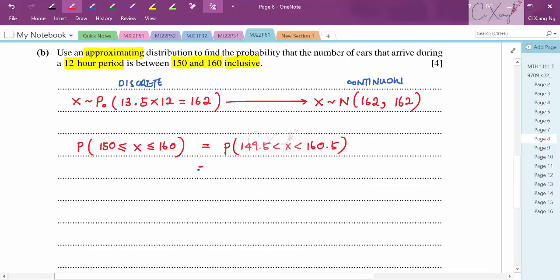And then after that, to find the probability, you should standardize the value. So to standardize, you take 149.5 minus the mean, divided by the standard deviation. After you standardize it, it will become Z. The same thing happens for the upper value, 160.5 minus the mean divided by the standard deviation.